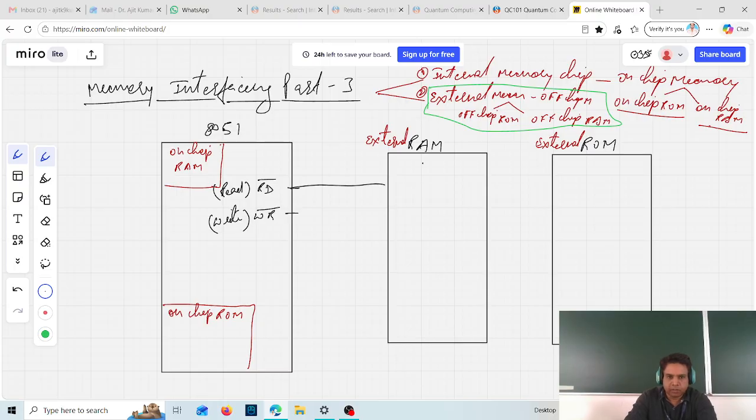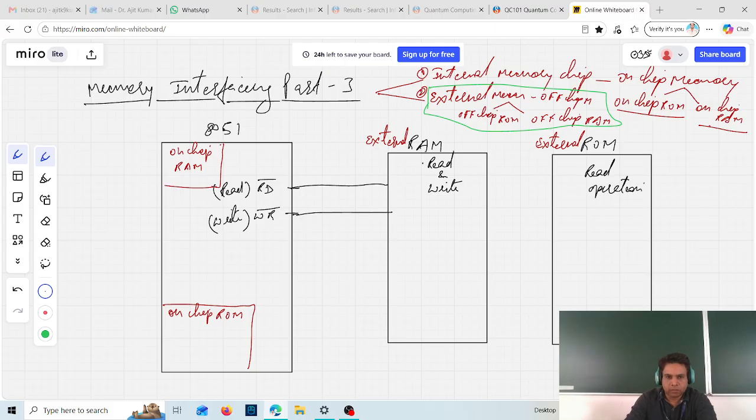These pins are used to do read and write operations with RAM, because with RAM we can do both read and write operations. However, with ROM we can only do read operations.